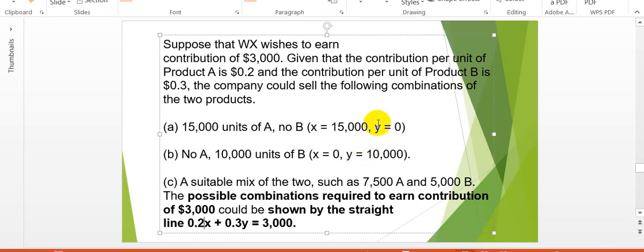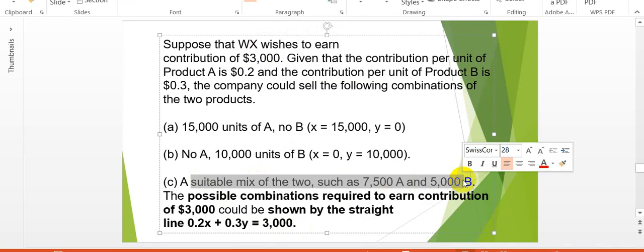Similarly, if you produce 0y, you find that you need 15,000 of A to give us a contribution of 3,000. You could also have another mix. That mix combination of producing A and B will also give us 3,000.